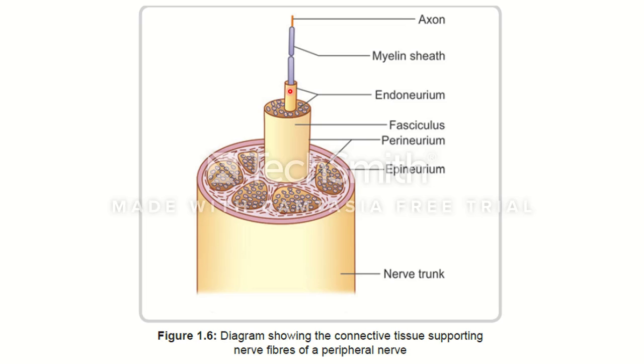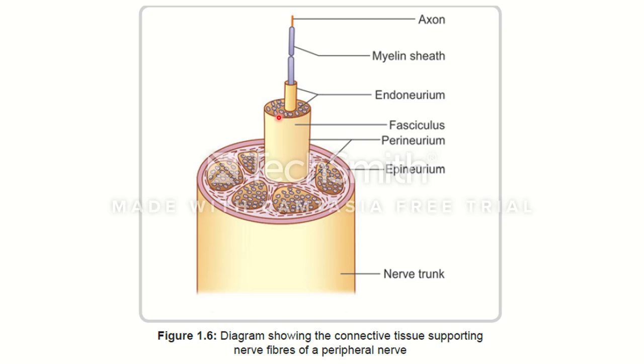I am talking about the peripheral nervous system, dears. Notice that in this slide I am talking about the peripheral nervous system. In the central nervous system, we don't have any connective tissue, but in the peripheral nervous system, there is a connective tissue around the axon and myelin sheath, and this connective tissue is called endoneurium.